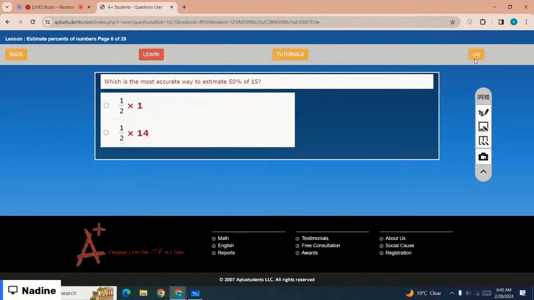Which is the most accurate way to estimate 50% of 15? Which is the correct option?